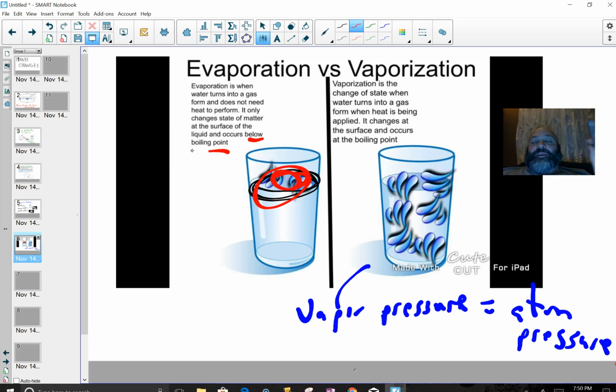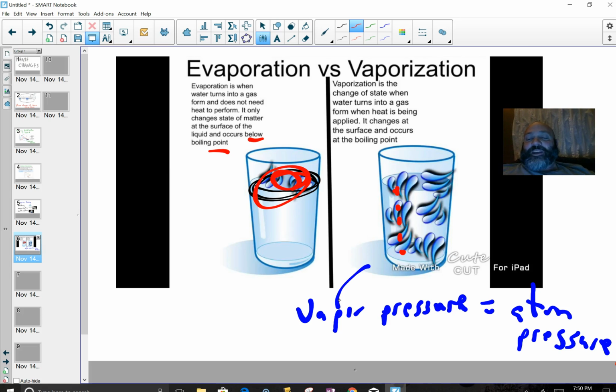Vaporization, on the other hand, is when water is turning into a gas any place inside the liquid. It is able to form a gas bubble, which then goes all the way to the surface and then can escape. And that occurs when the vapor pressure of your liquid is equal to the atmospheric pressure. And basically at sea level, that pressure would be 760 millimeters of mercury, or your standard atmospheric pressure.